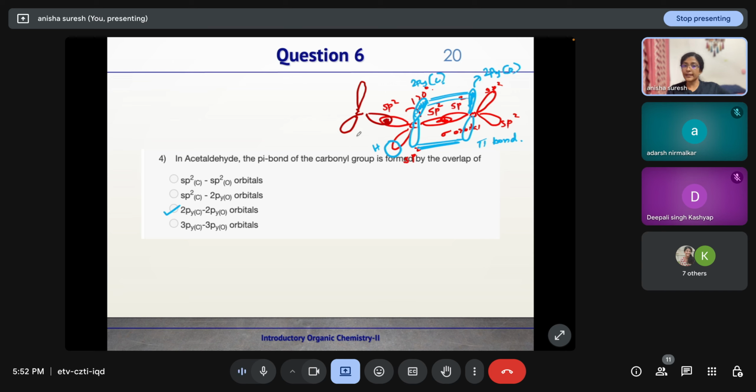So this is how orbital overlap takes place in the case of acetaldehyde. Is it clear? Yes, ma'am.